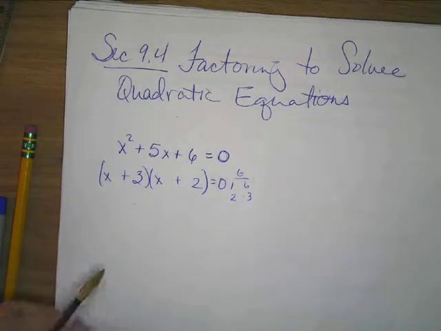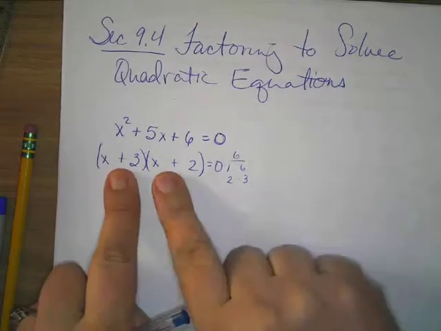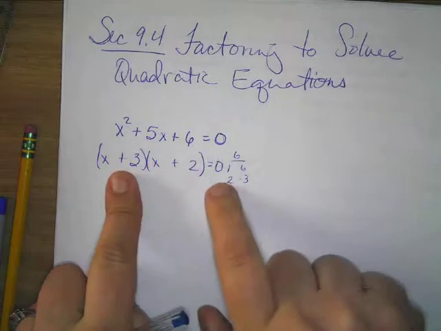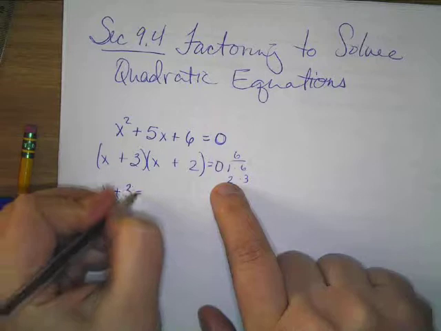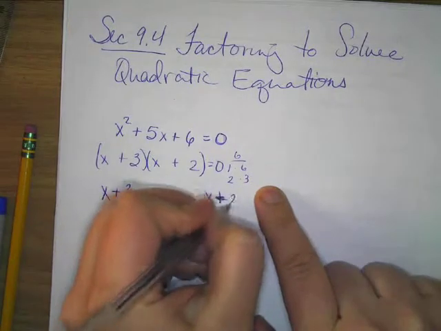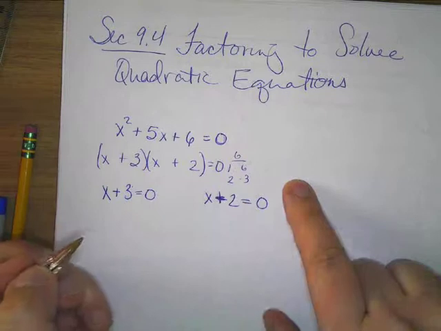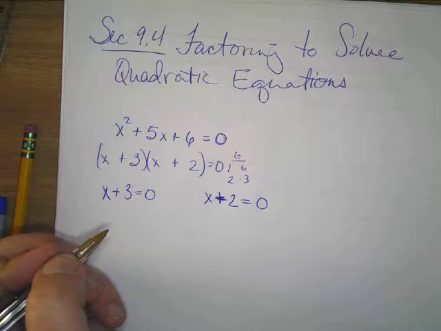Now, the wonderful thing about this is there's something called the zero product property. What that means is if I multiply two things together and it equals 0, then either the first thing equals 0 or the second thing equals 0, or both of them do. Because the only way you can multiply two things together and get 0 is if one of them is 0.